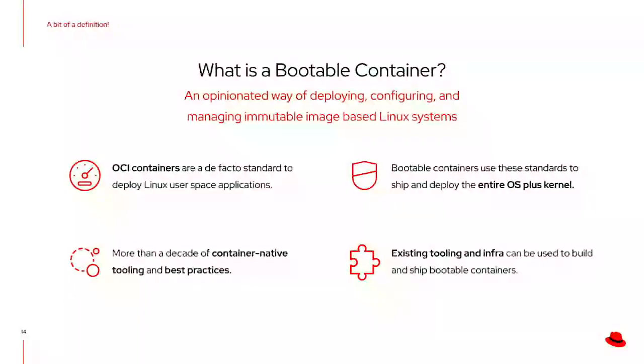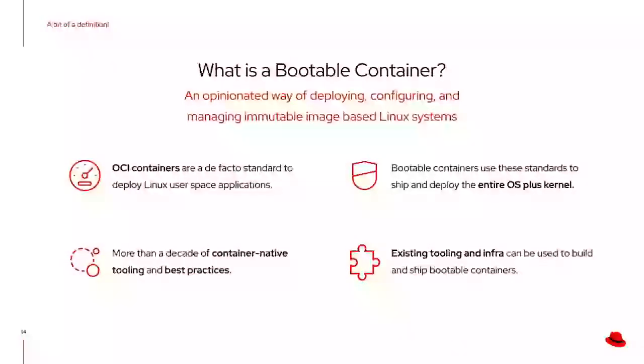As you know, OCI containers have become the de facto way of deploying and completing a Linux user space for applications. A large set of practices and tooling have evolved around that. Bootable containers are a modern, opinionated way of deploying, configuring, and managing immutable image-based Linux systems using these practices and tooling.